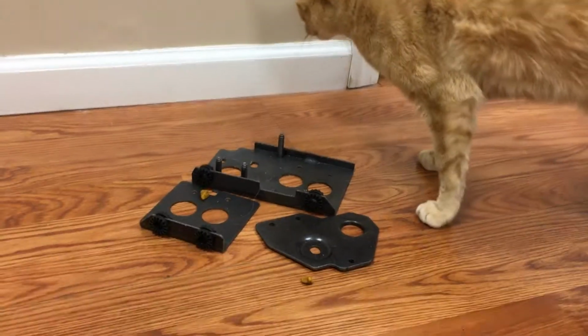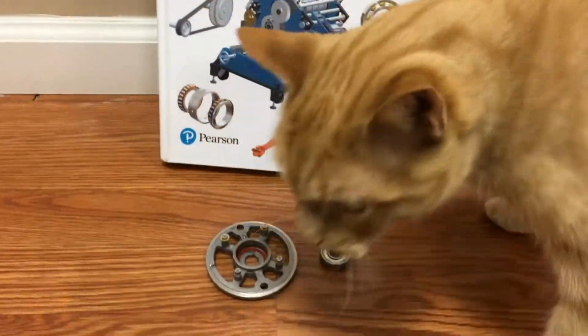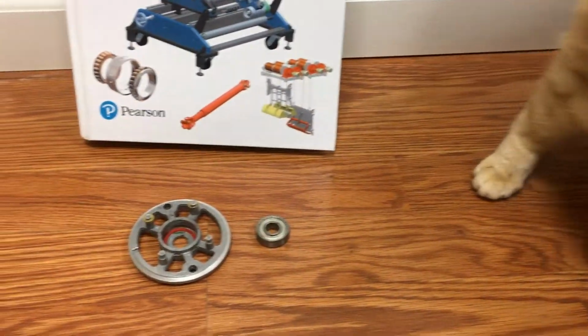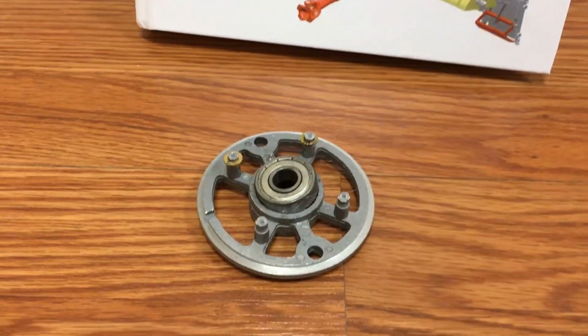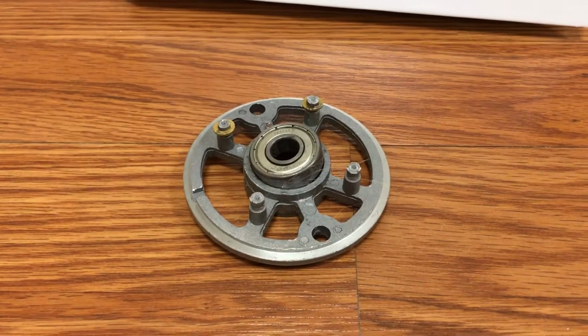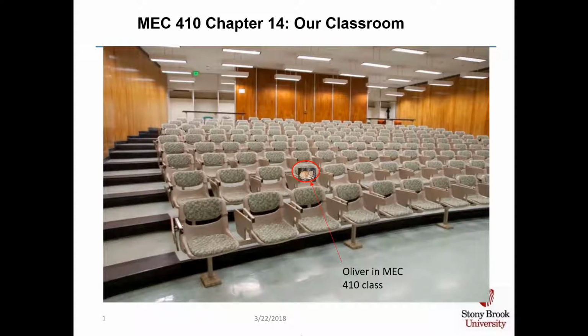We're not up to that yet. Oliver, good job, little kitty. You found the bearing. And the bearing has a housing. And it goes in the housing. Just like that. Now, as you know, Oliver doesn't come to class. But if he did, he'd be a good kitty and sit near the front. I'm just not sure if Oliver would get too much out of the class.